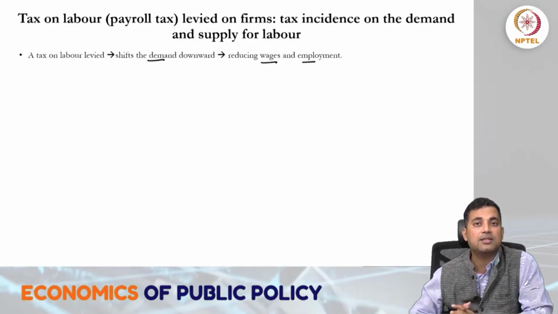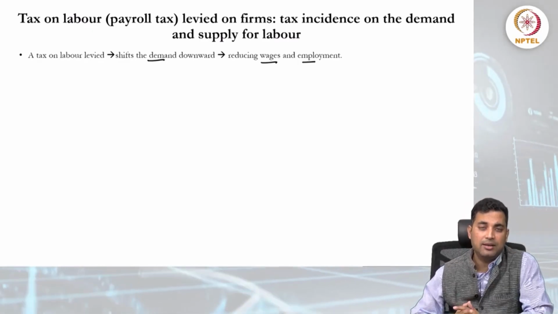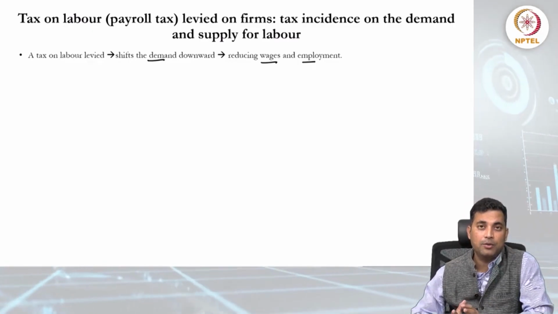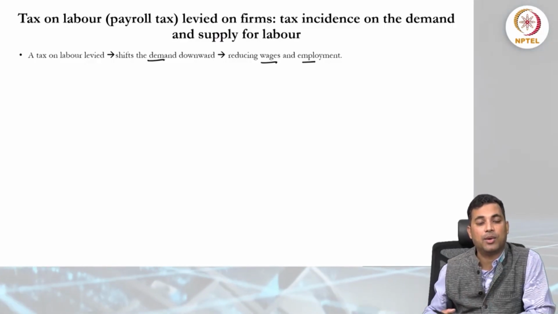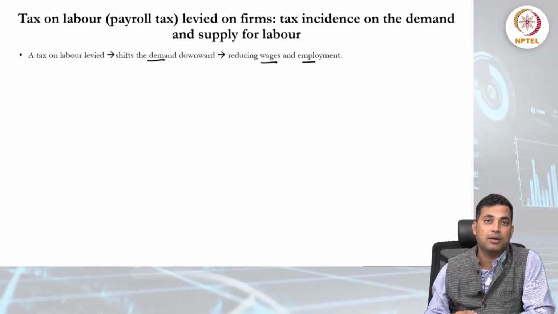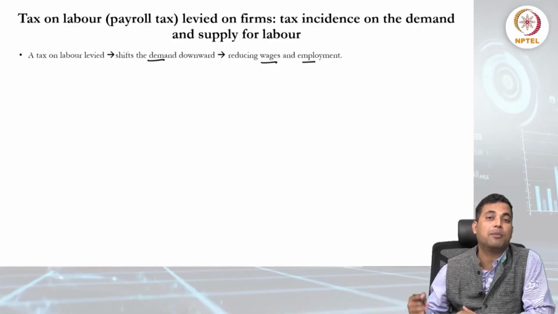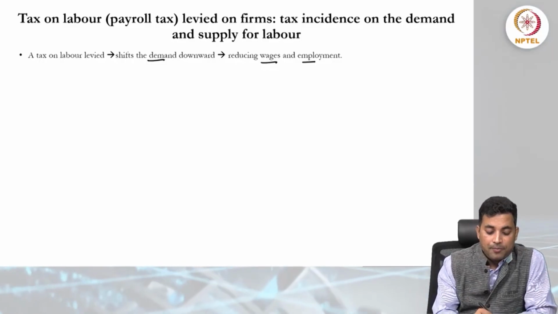So let us first see what usually happens in the labor market with labor demand and labor supply, and then we'll also consider what happens when we show the backward bending part of the labor supply curve.